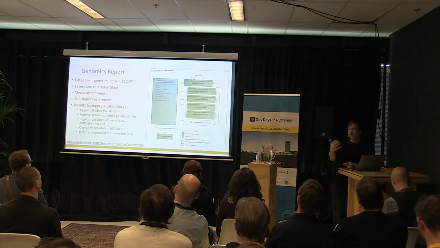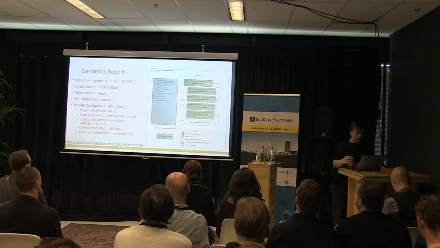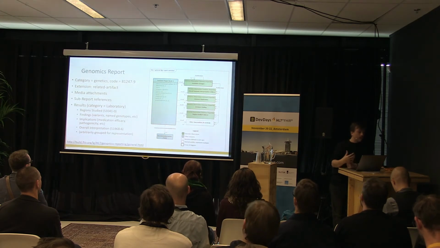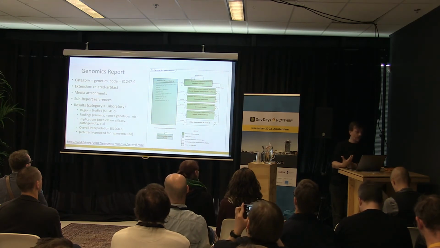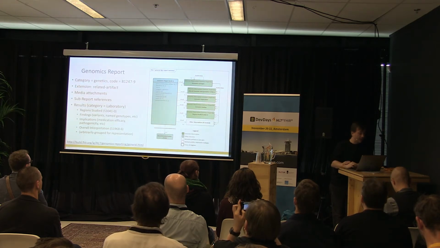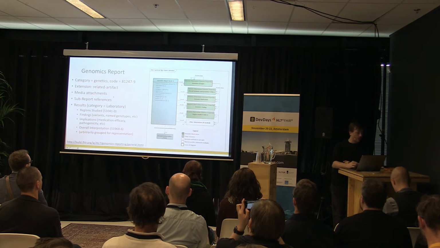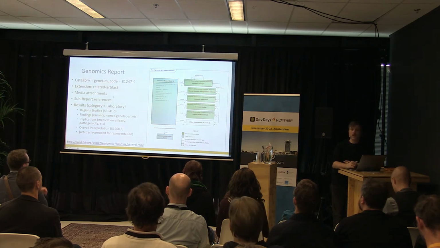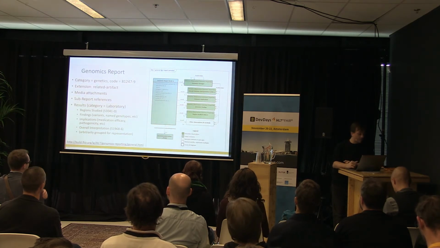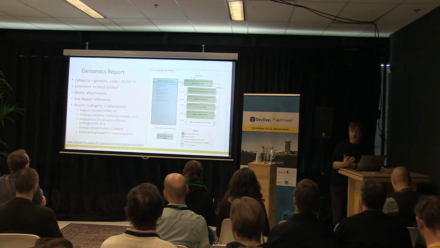So you can put in a DOI or something to a paper or to some other resources which contain knowledge, basically. We support media attachments so that you can also include some histologic pictures, for example, or the PDF report if you like to.